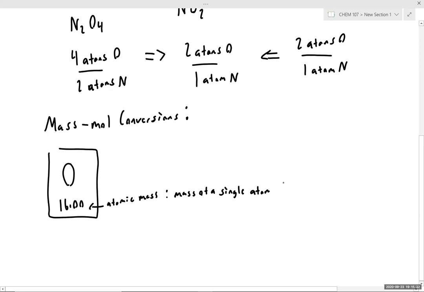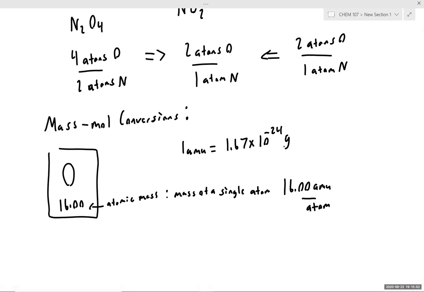So for example, this mass is 16.00 AMU per atom, where 1 AMU is about 1.67 times 10 to the negative 24th grams. The atom has a very, very small mass.